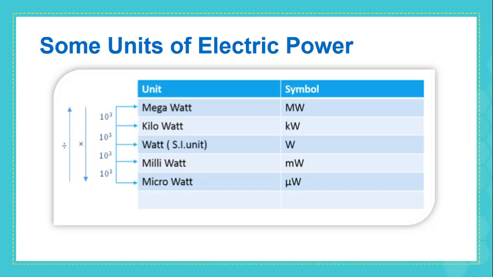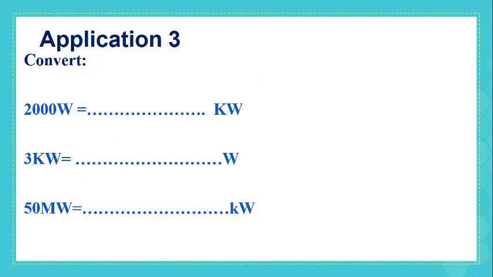To convert megawatt to kilowatt, we multiply by 1000. Whereas if you want to convert kilowatt to megawatt, we divide by 1000. Now, pause the video, solve the following application, then check your answer.